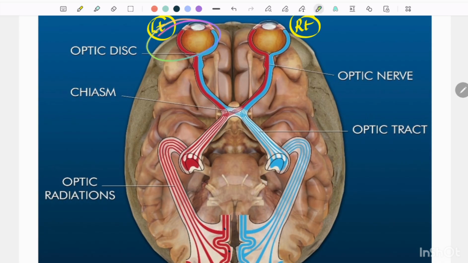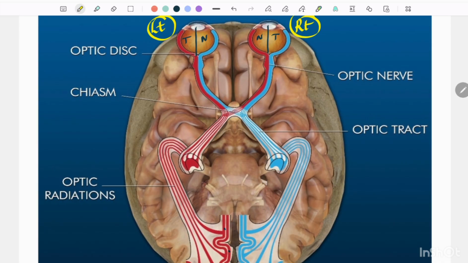So this is your left eye and this is your right eye. As we discussed earlier, let us write about the fields also. This will be the nasal and this will be the temporal fields. These blue ones are the nasal fibers of the left eye, not the whole thing.